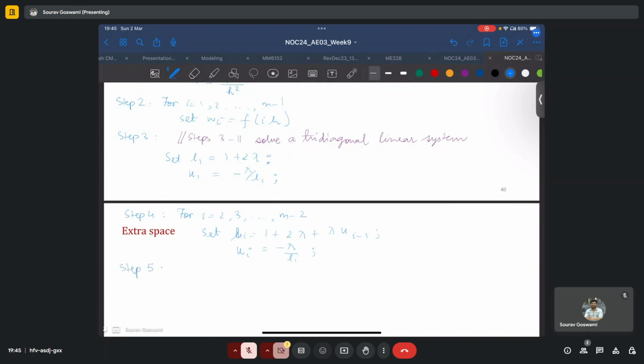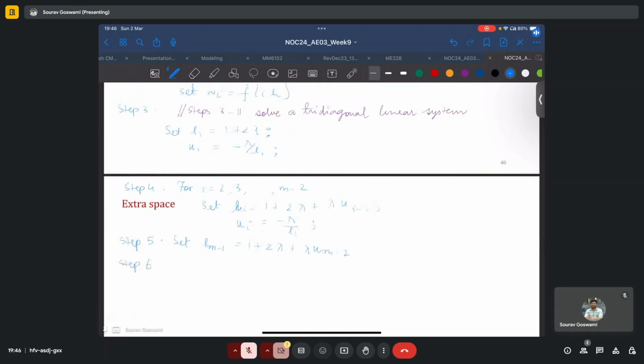So step 5, we set L at m − 1 equals 1 plus 2 lambda plus lambda U at m − 2. Step 6, for j equals 1 to capital N, do steps 7 to 11.